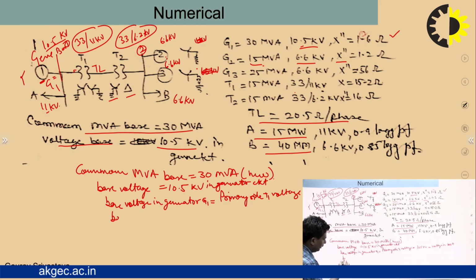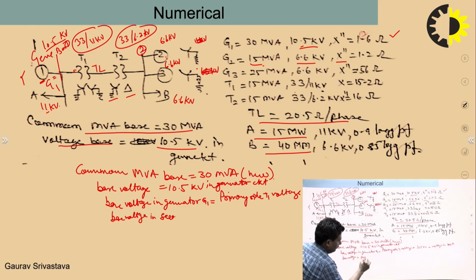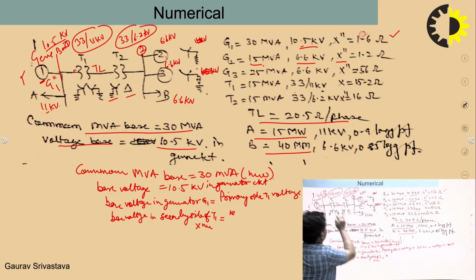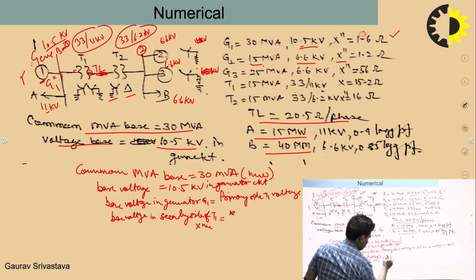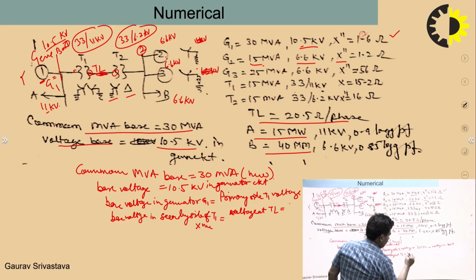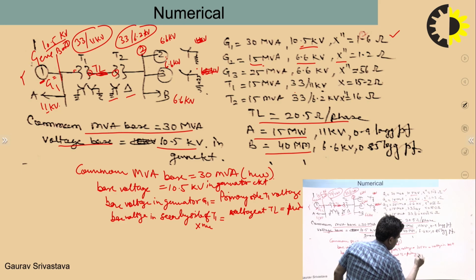Now we have to calculate the base voltage on the secondary side of the T1 transformer, which is the same voltage as the transmission line, and also equivalent to the primary side of the T2 transformer.